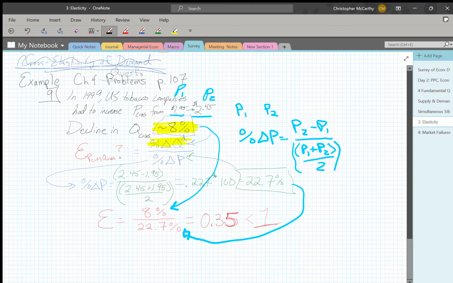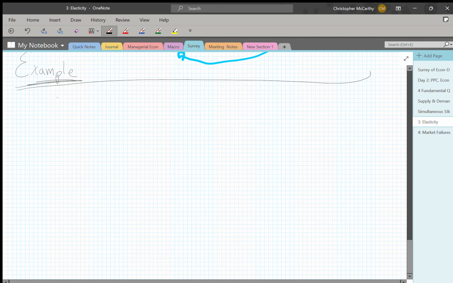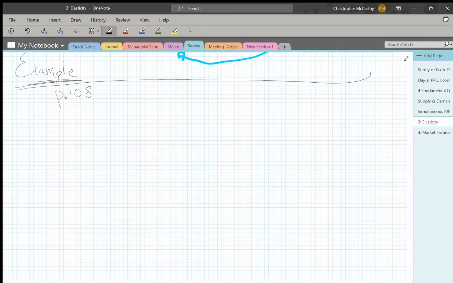This one is on the problems page because they are different for some weird reason. So next example. So we're assuming it's on page 108, and this is number 5.